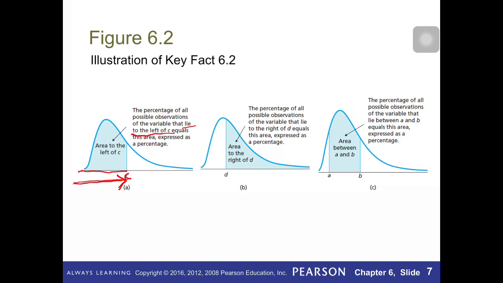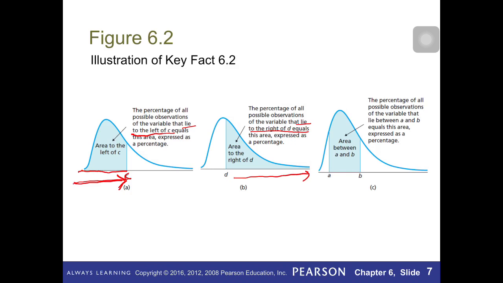Then if I consider the area from D to the right-hand side, it is the percentage of all possible observations of the variable that lie to the right of D.